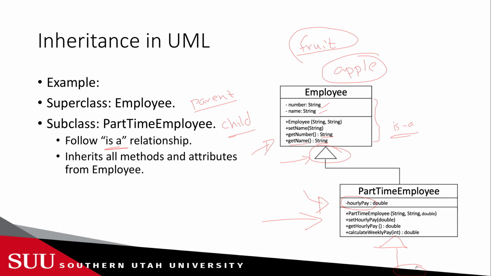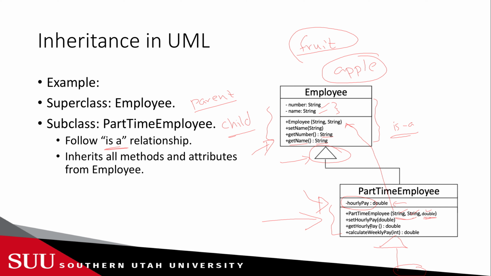So if we have a class here, this class will have access to all of those features as well. Now we also have a constructor here that's going to take arguments as a string, a string, and a double. So we know this double is to define this part, but these two strings are going to be passed to the constructor of the superclass to define those two strings.